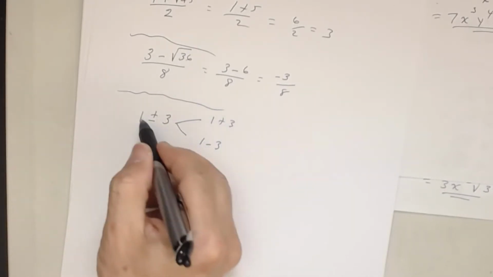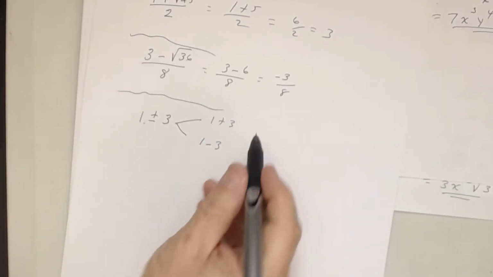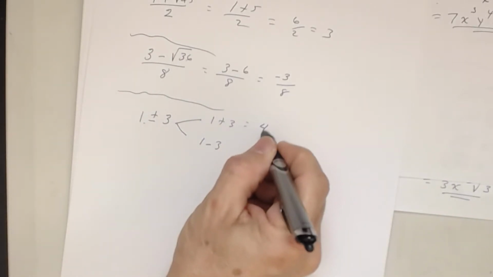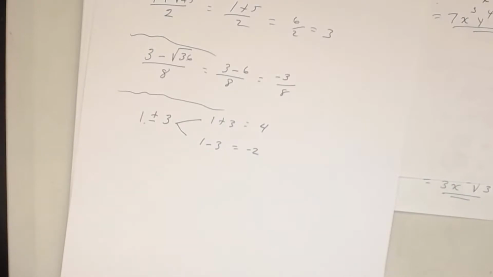Okay? That's what that means. And then what's 1 plus 3? 4. 1 minus 3, negative 2. So that's what that plus or minus means. When you see that plus or minus, it means there are two expressions involved. One's a plus, one's a minus.